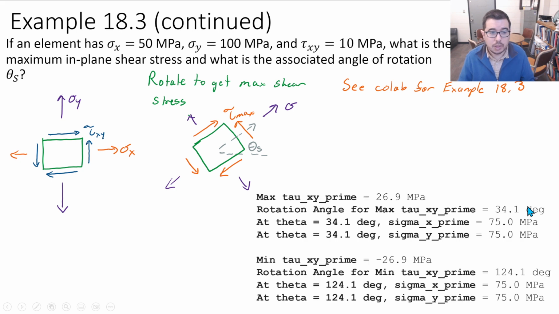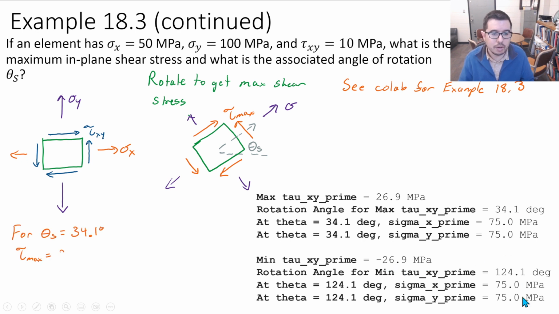We can run the code in example 18.3, and we see that we have a maximum shear stress of 27 megapascals and a minimum of minus 27 megapascals.